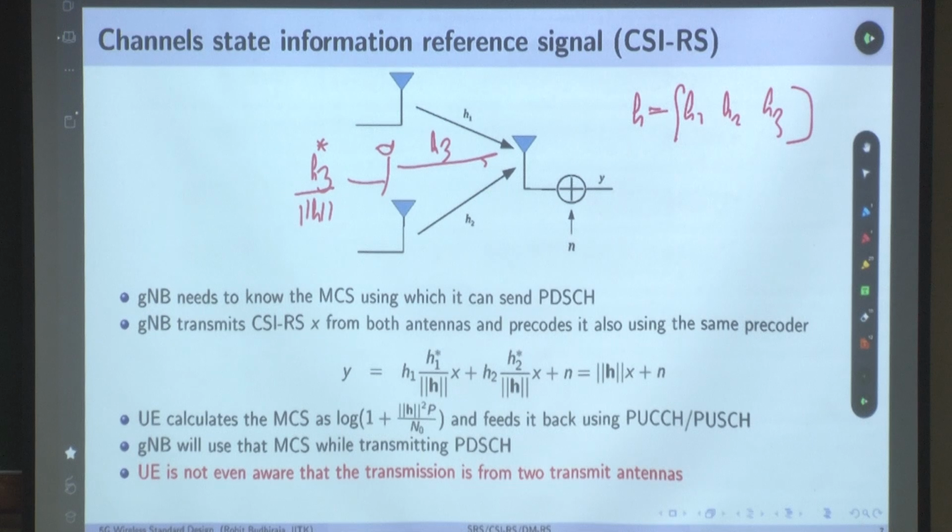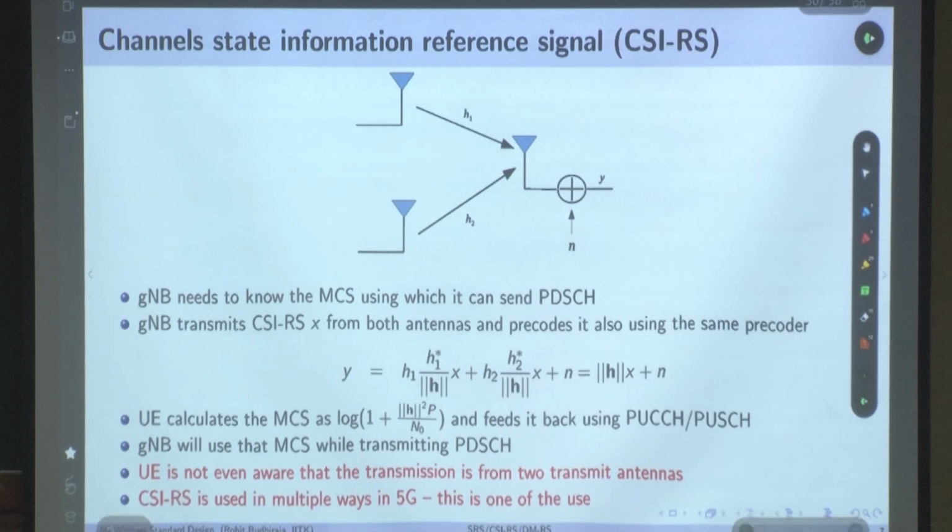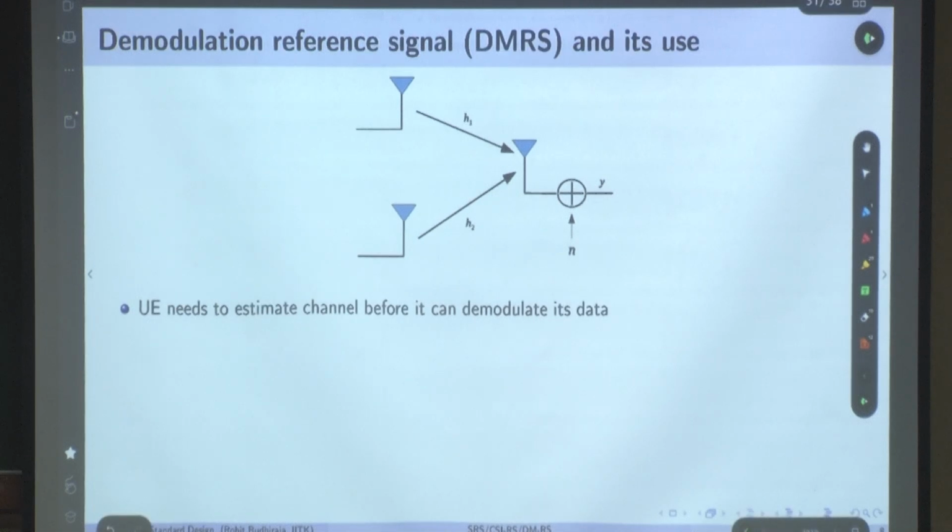So that is one key aspect. Now this CSI-RS is used in multiple ways in 5G. This is one way in which CSI-RS is being used, to basically help the user in estimating the MCS. But another key thing is that the user does not know how many antennas the base station has used.